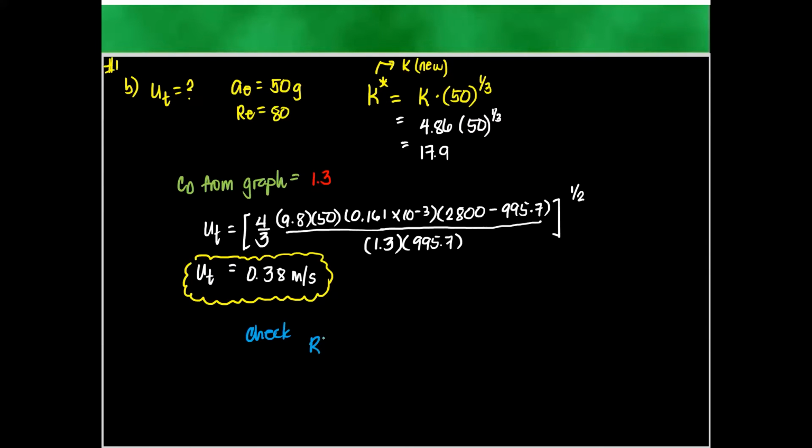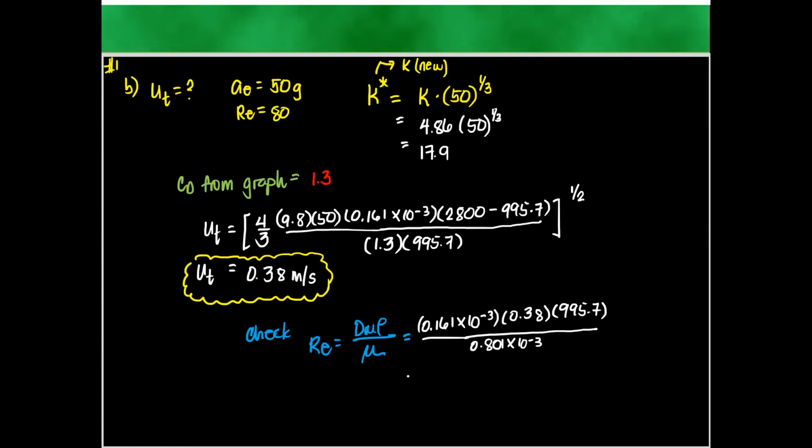Reynolds number is D, let's just use 0.161 times 10 to the negative 3, and then terminal velocity is 0.38, and then rho 995.7 over mu, 0.801 times 10 to the negative 3.